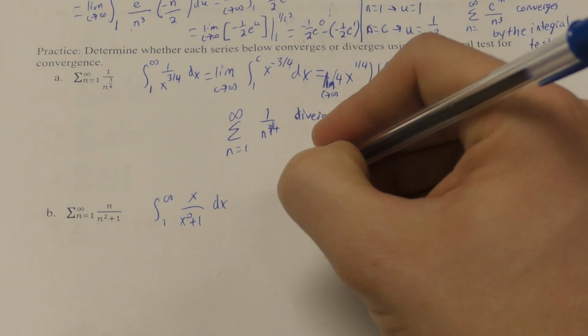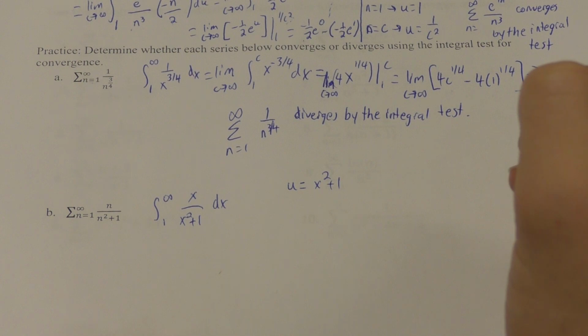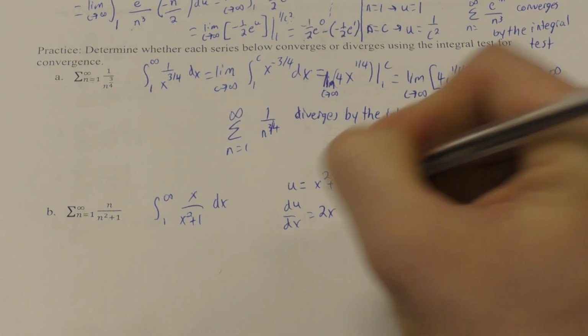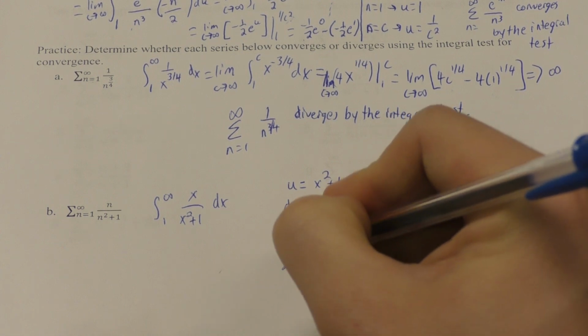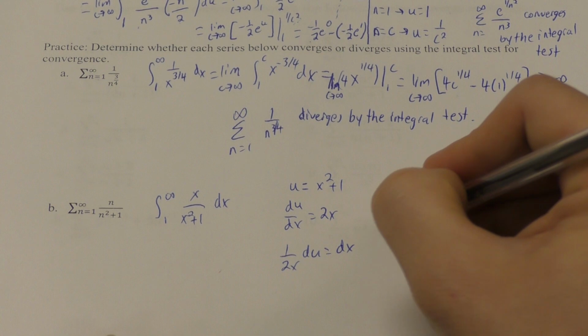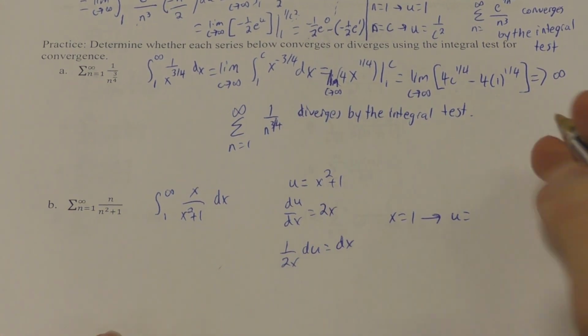All right, let's say that u is x squared plus 1. Let's see, that means du dx is 2x. That means 1 over 2x du equals dx. If I change my endpoints, when x was 1, my equivalent u value would be 1 squared plus 1, so it'd be 2.